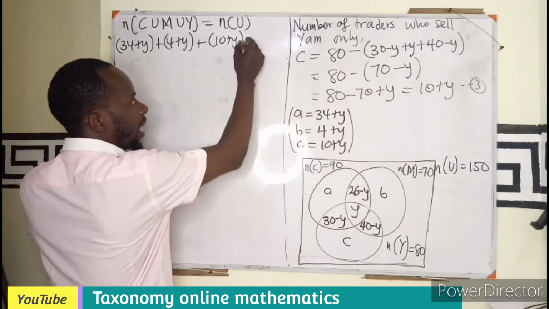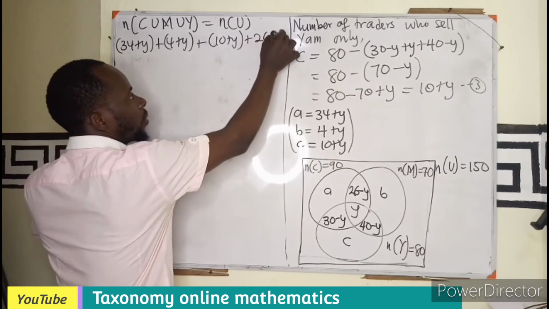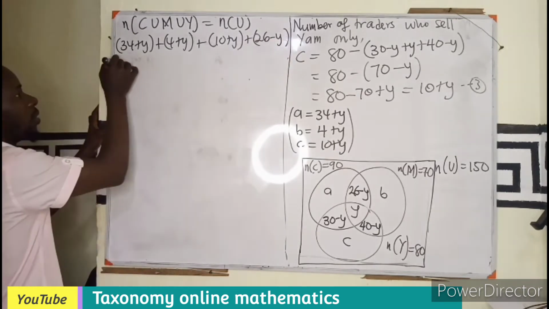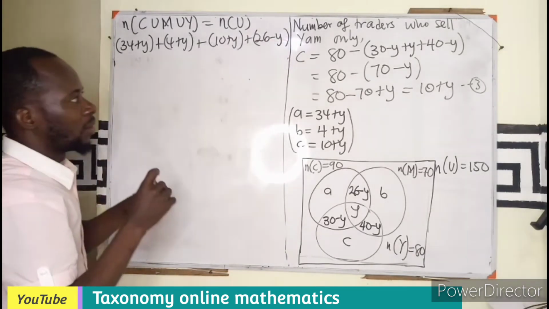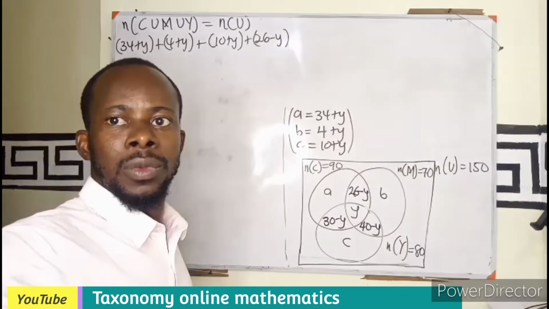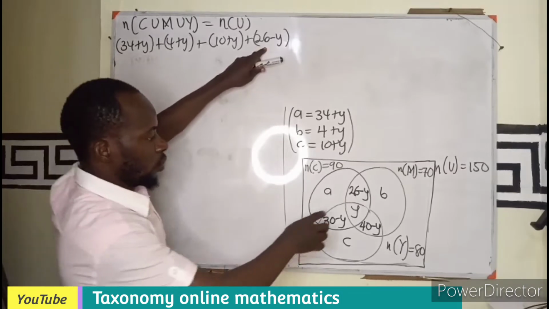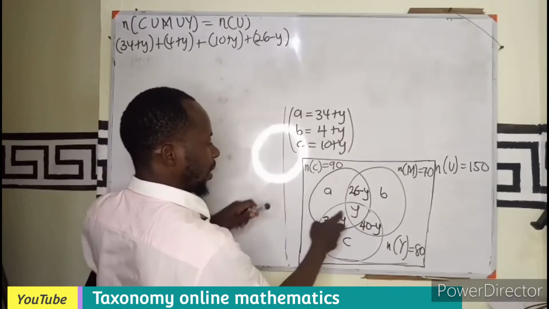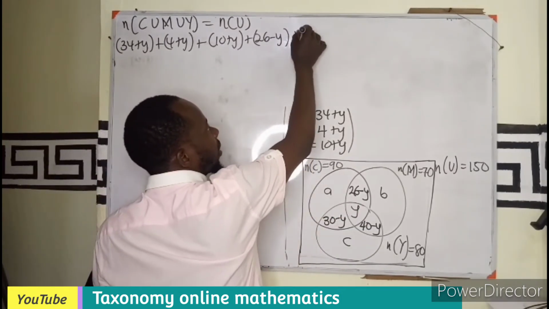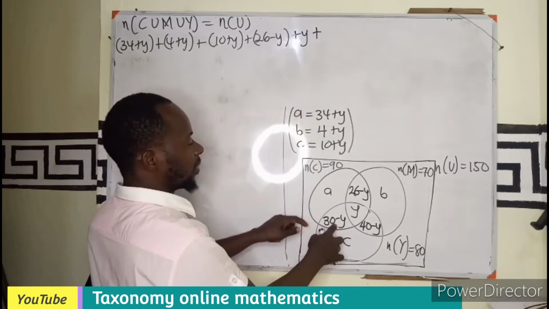Then I come here, 26 minus y, plus, so we are continuing from that. So 1, 2, 3, 4, which is here. Then I'm coming all the way to the y. Then plus this.